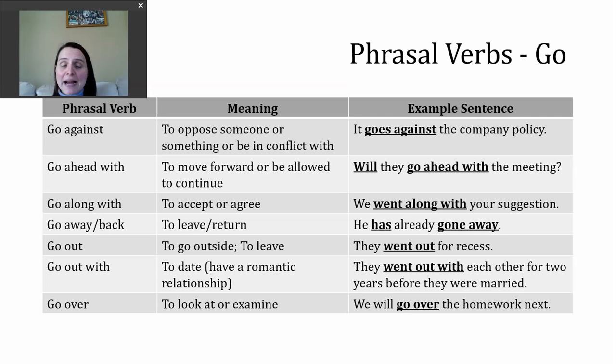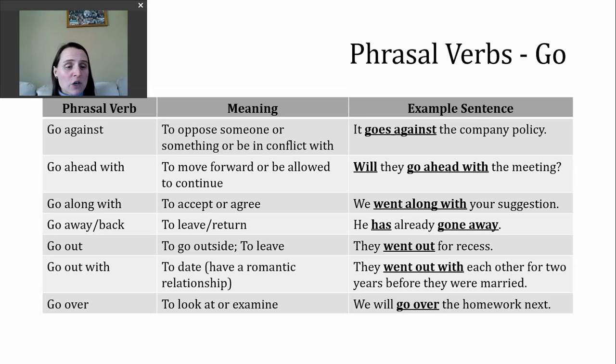Another phrasal verb you might hear, and it's going to sound similar to the last one, is to go out with. And this is just an informal way to talk about dating or a romantic relationship. So you can see in my example sentence here, they went out with each other for 2 years before they were married.